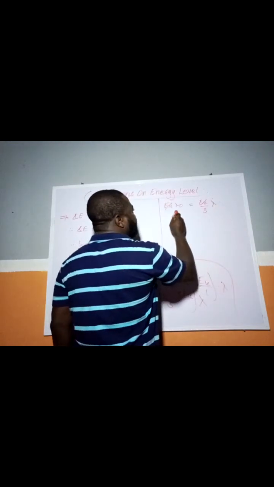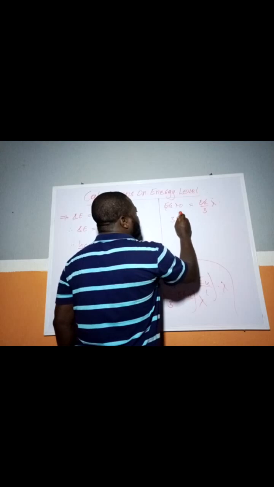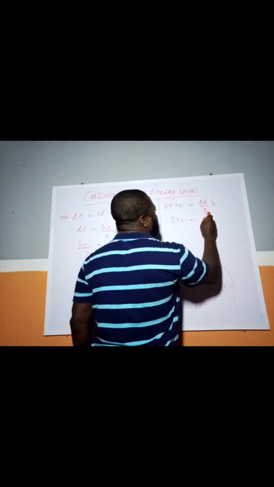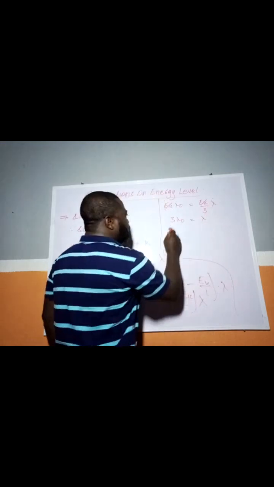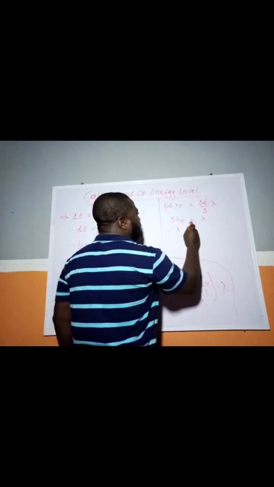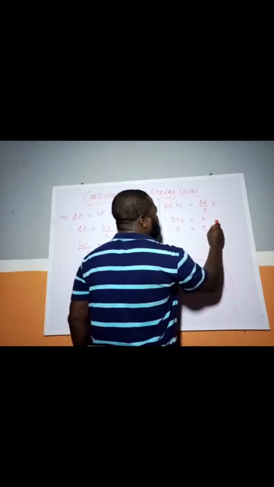EK cancels EK. So at the end of the day, we have 3 lambda naught equal to lambda. So the lambda you are looking for should be equal to 3 lambda naught. That is what they are saying in that question.